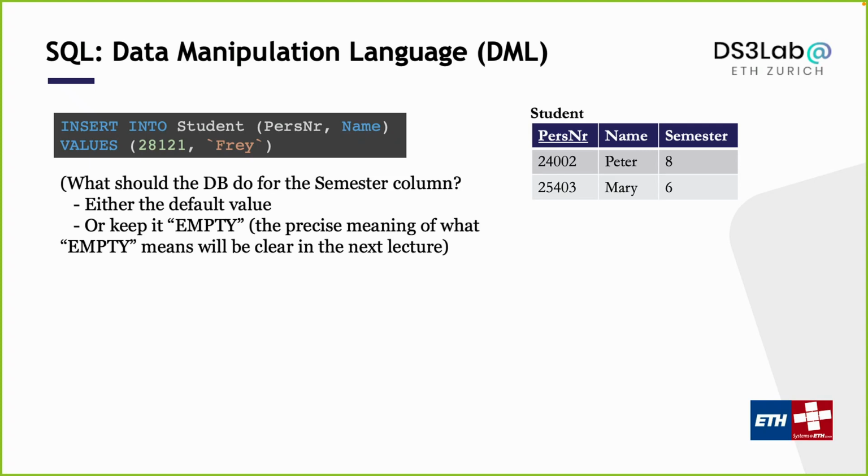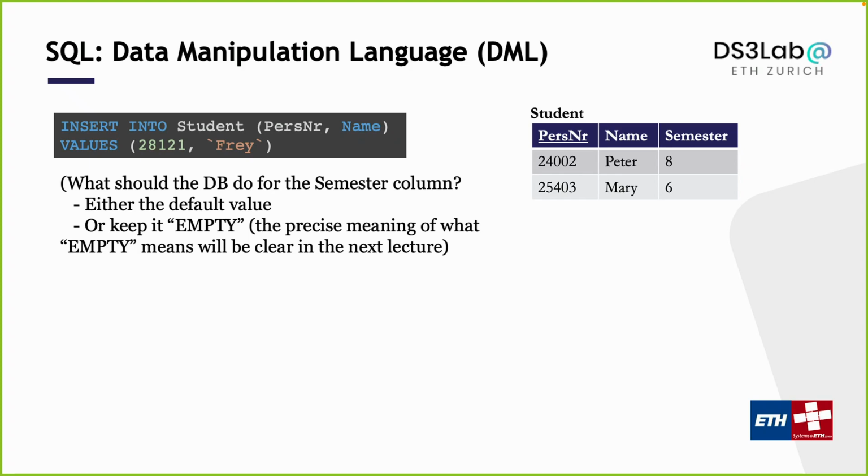So one thing that's interesting is in this table, it has 3 different attributes. But in the SQL query, we only specify the value for 2 attributes. What should the database put in the 3rd attribute, semester? Well, that depends. If you define the default value when you are defining the schema, the database is going to put the default value.